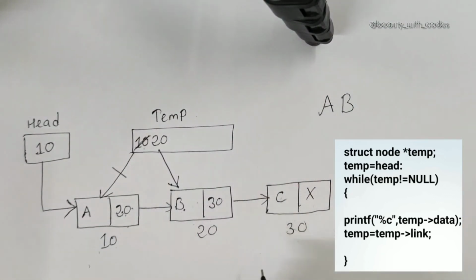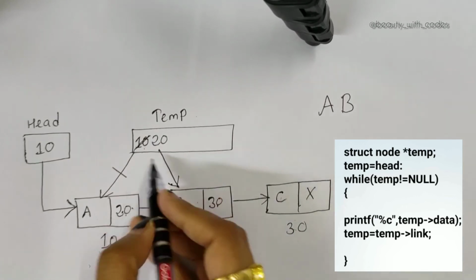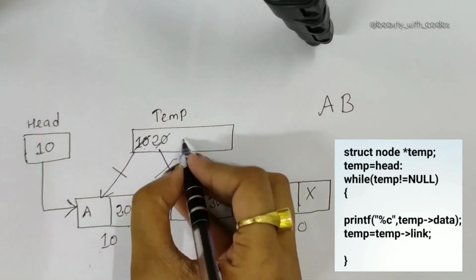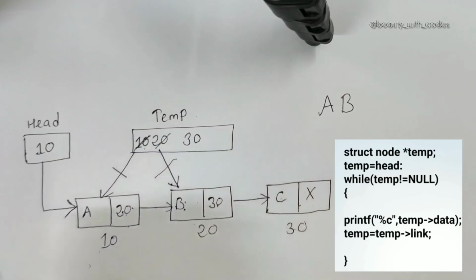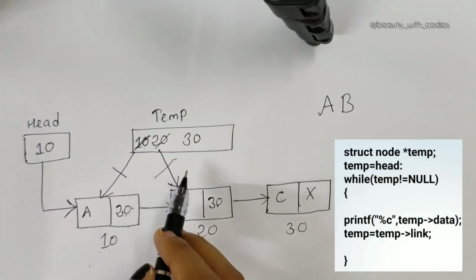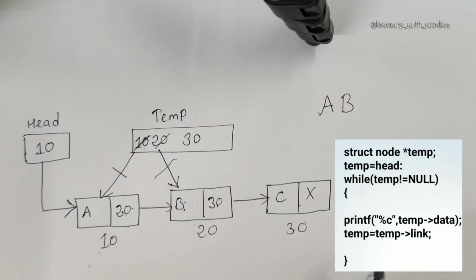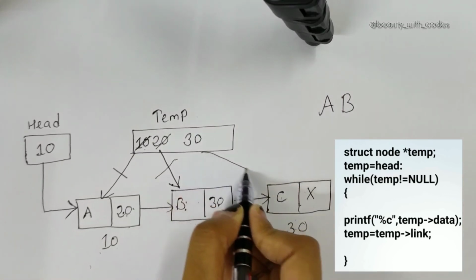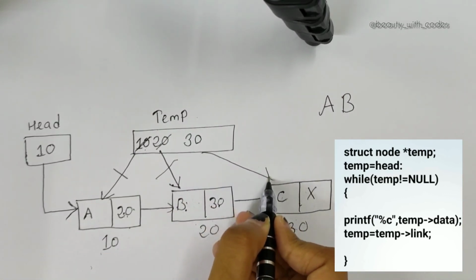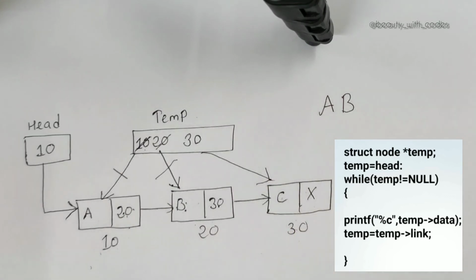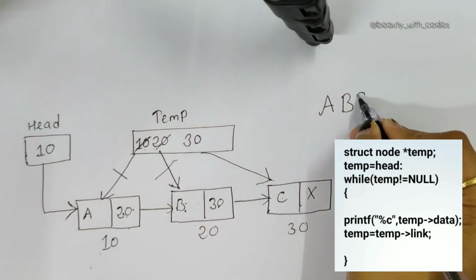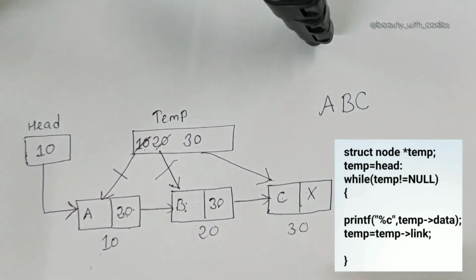Now temp is equal to temp of link. What is temp of link? This is nothing but 30. So now the value of temp is going to be 30, meaning it points to the node whose address is 30, the third node, C. Since 30 is not equal to null, C is going to be printed, and then temp is equal to temp of link.